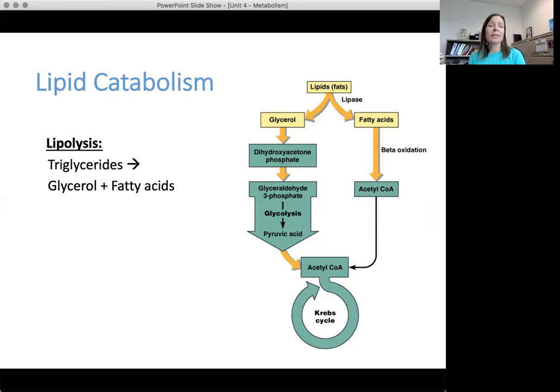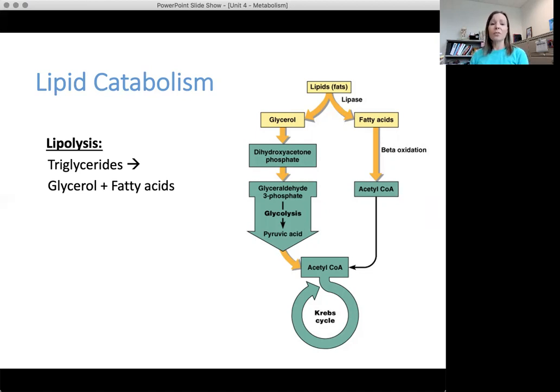And then your body will assess what its needs are. If the individual does not need any more ATP at that moment, they have plenty of energy for their cells, then glyceraldehyde 3-phosphate will be converted into glucose and then stored as glycogen for later, whenever your body needs it.